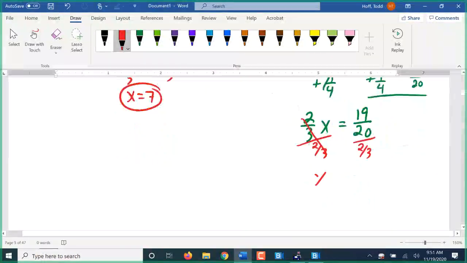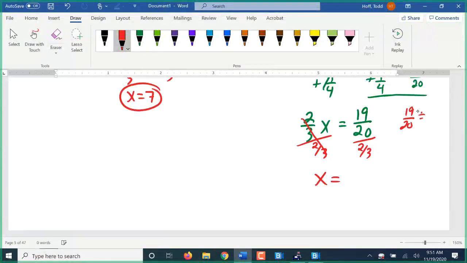X equals 19/20 divided by 2/3, which is 19/20 times 3 over 2. 19 times 3 is 57. 20 times 2 is 40. 40 goes into 57 once with 17 left over. So 1 and 17/40.